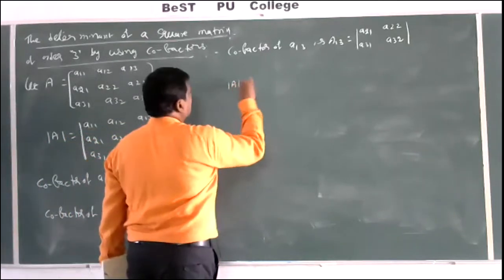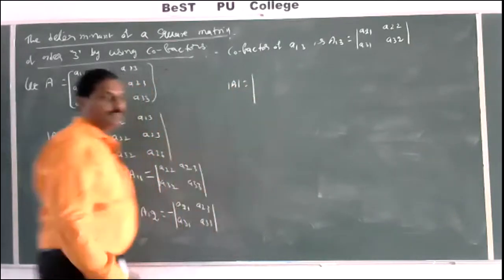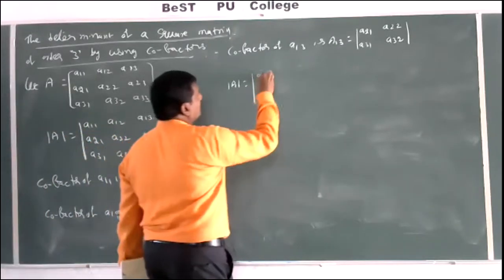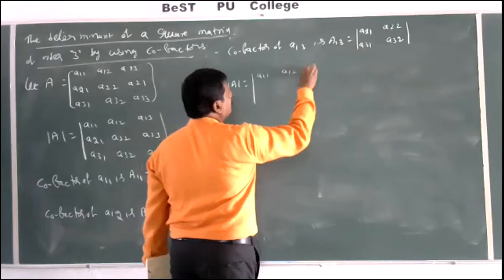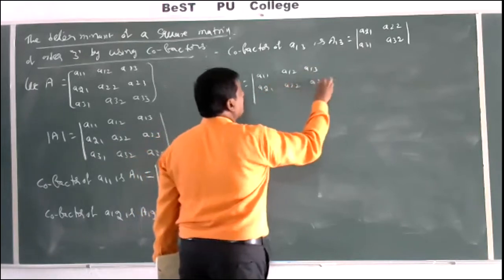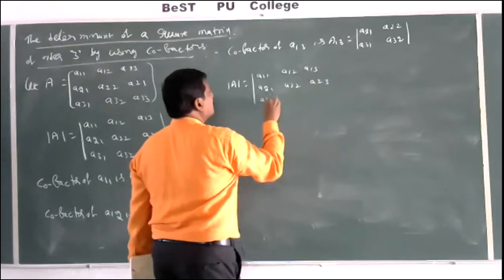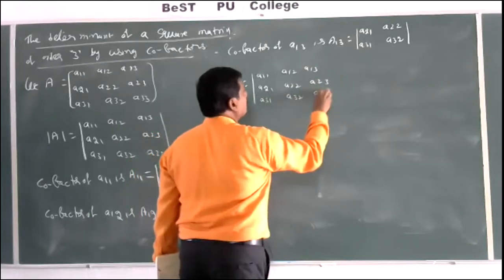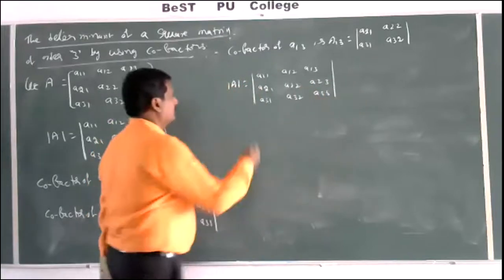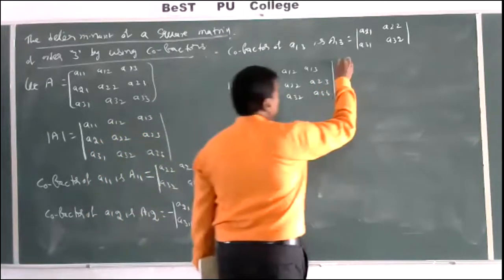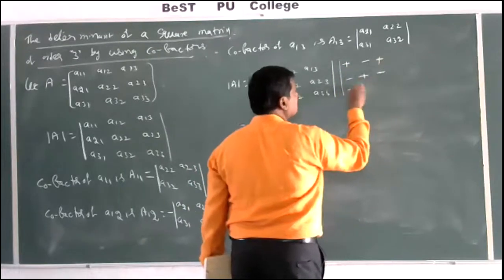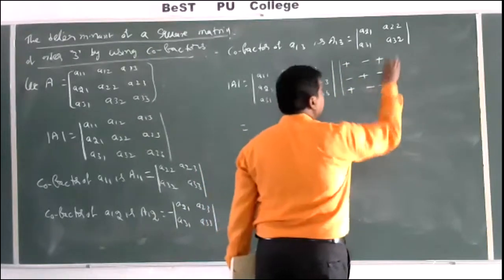Here we already know how to find the determinant of a 3 by 3 matrix. That is, the determinant of A equals the matrix A11, A12, A13, A21, A22, A23, A31, A32, A33. For a 3 by 3 determinant, the symbols are plus, minus, plus, minus, plus, minus, plus, minus, plus.